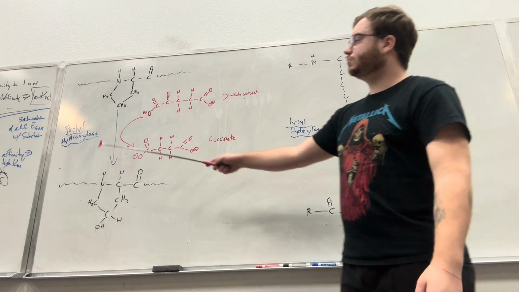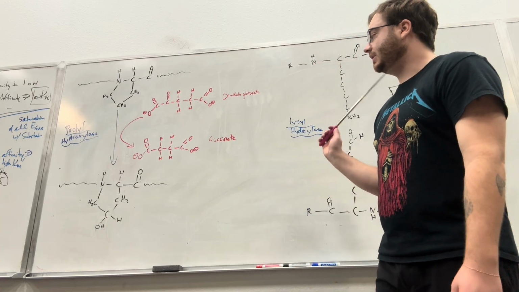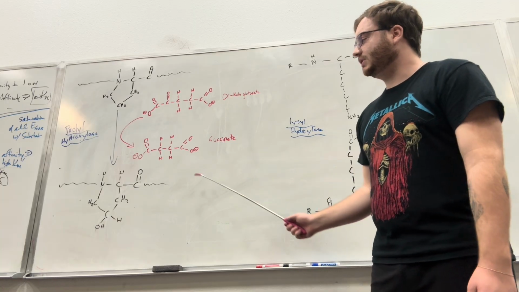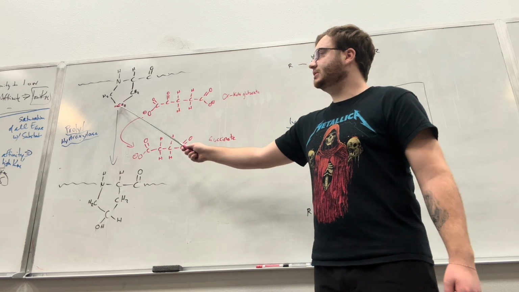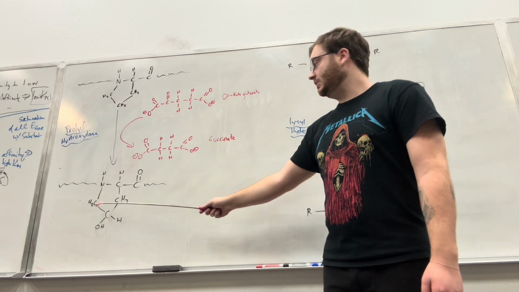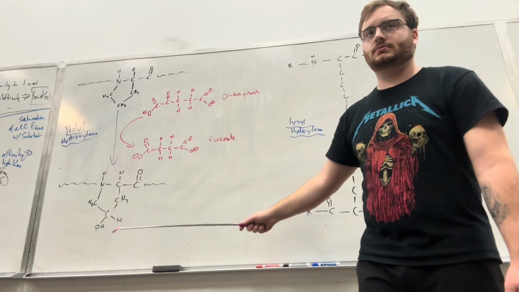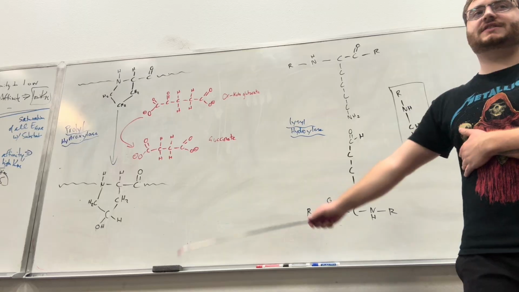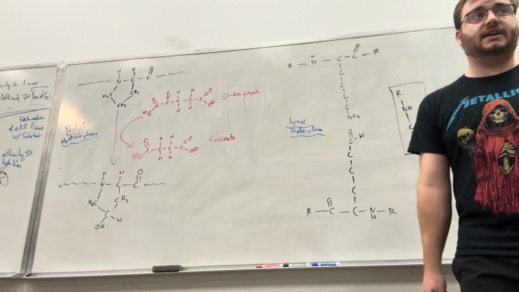Well, I'm going to use prolyl hydroxylase, which is going to take an alpha ketoglutarate and change it into a succinate, which is going to remove a CO2. And in turn, I'm going to change this CH2 to a COH with an H. It's one step. That's the only thing that's happening here. What do I get out of it? I get a ton out of it.